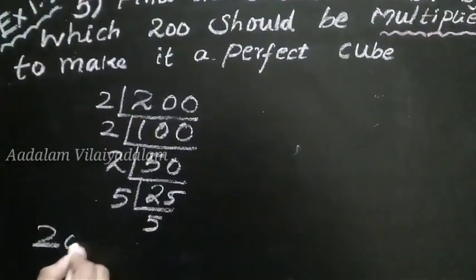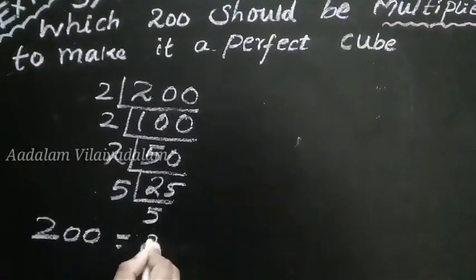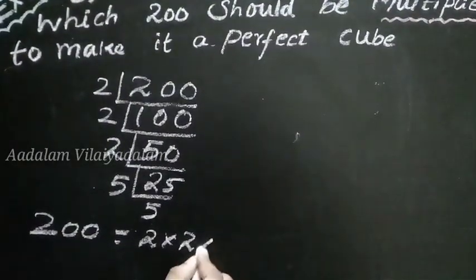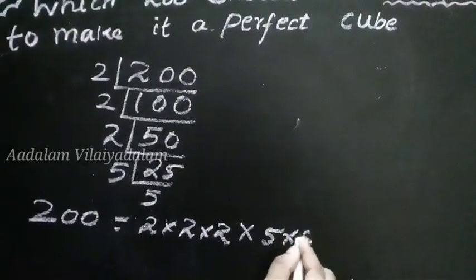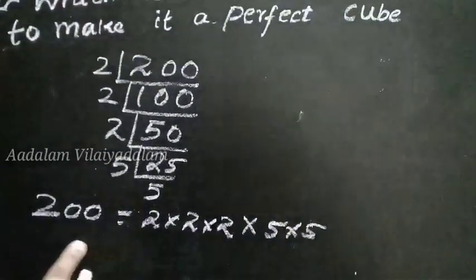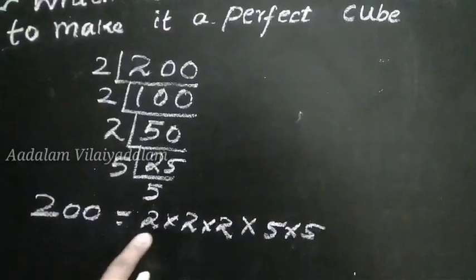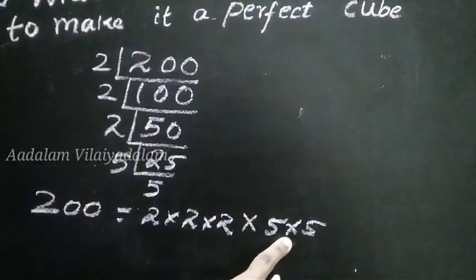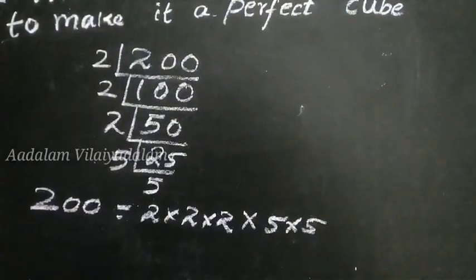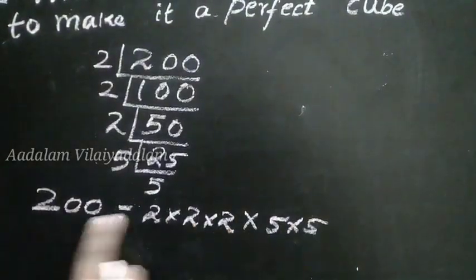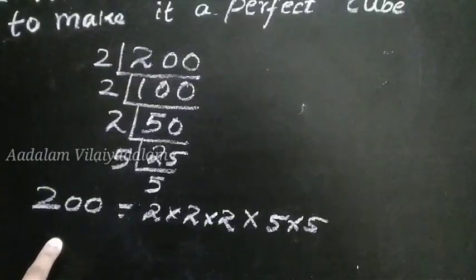So 200 equals 2 into 2 into 2, then 5 into 5. So 200 is not a perfect cube. Here one triplet is there, and one 5 is missing.